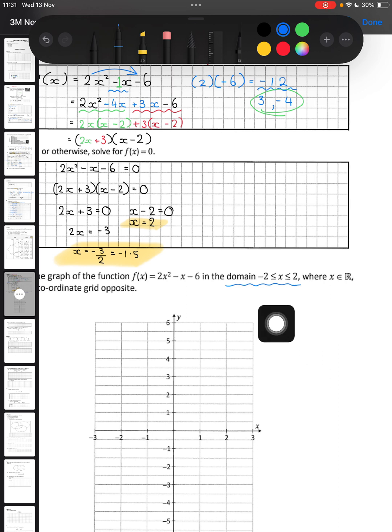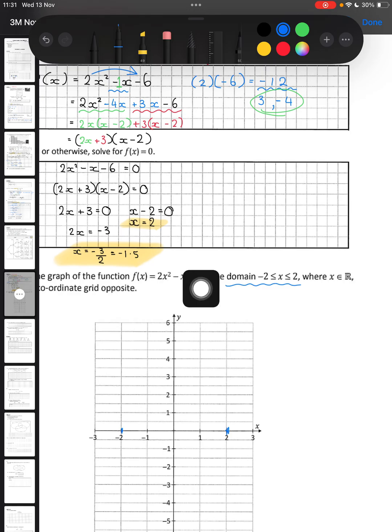It just means that they want the graph drawn between these x values. Remember our domain, what are the inputs here? We're going to draw for all the inputs between minus 2 up till 2 on my graph. x is a real number, so we're going to draw it for all the points, including all the decimals.